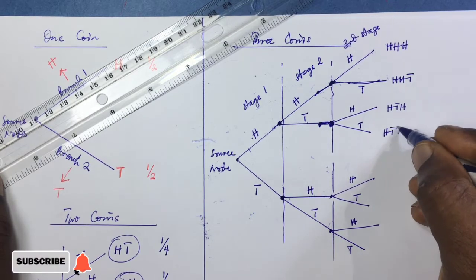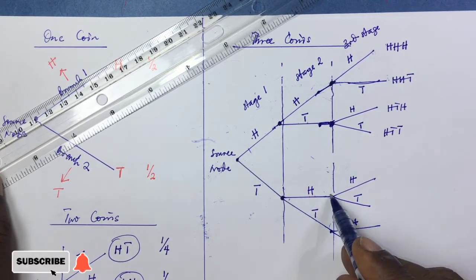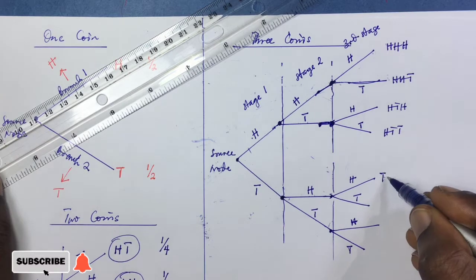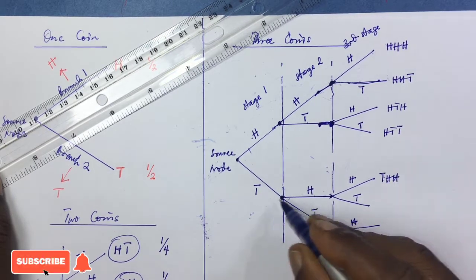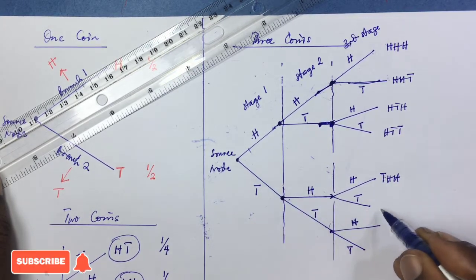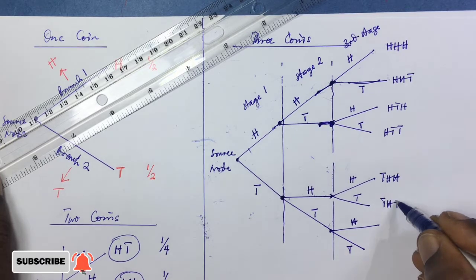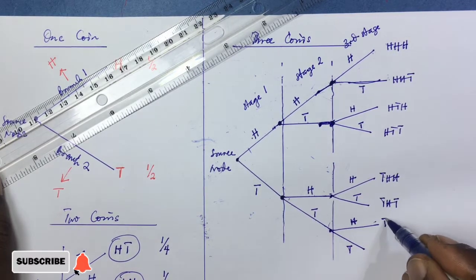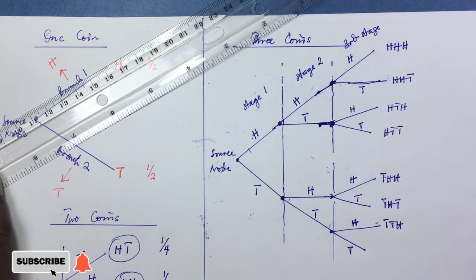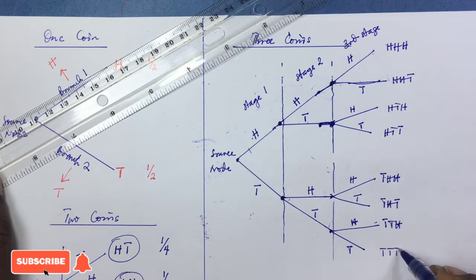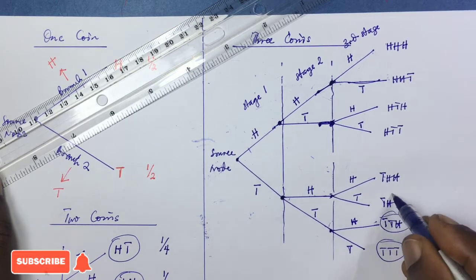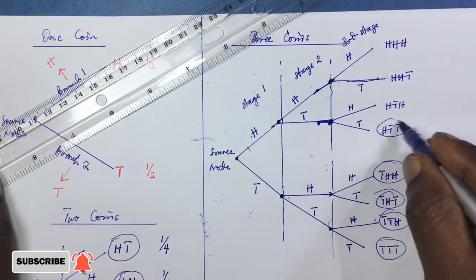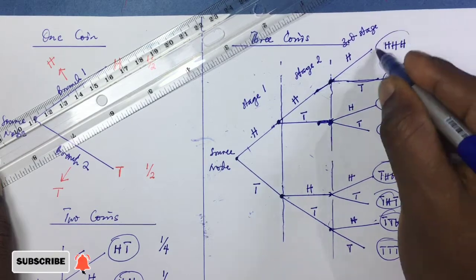This will be tail, head, head. This will be tail, head, and tail. This will be tail, tail, and head comes out as a summary. And this will be tail, tail, tail. Making a total of 8 possible outcomes when 3 coins are tossed once.